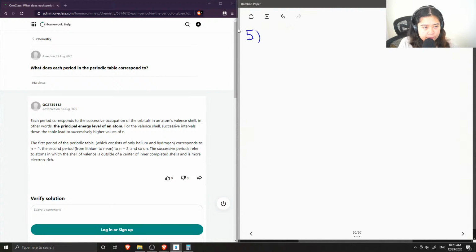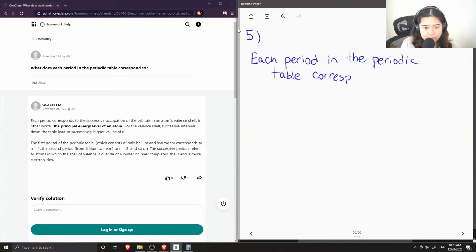Okay, so each period in the periodic table corresponds to a principal energy level.